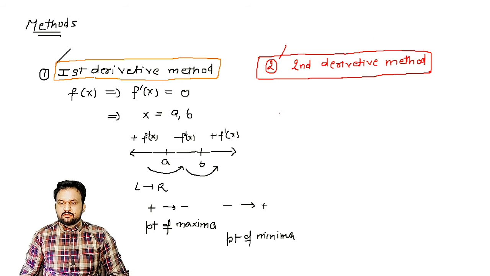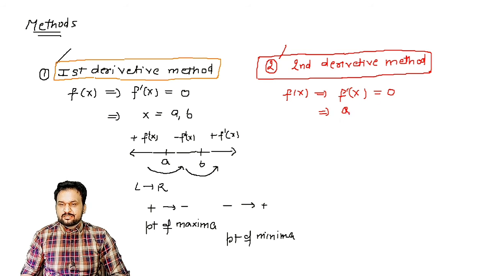In the second derivative method, first of all, we have some function and we calculate the first derivative, that is f dash x, and we set this equal to 0. So when you put f dash x equal to 0, you get values of x, that will be a or b. I'm just giving an example, a or b.